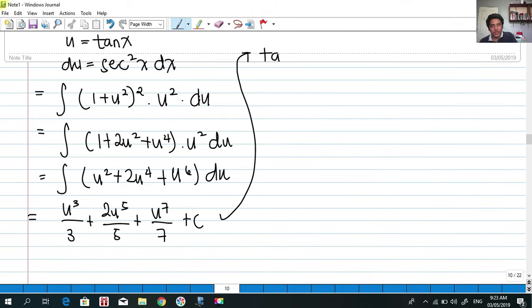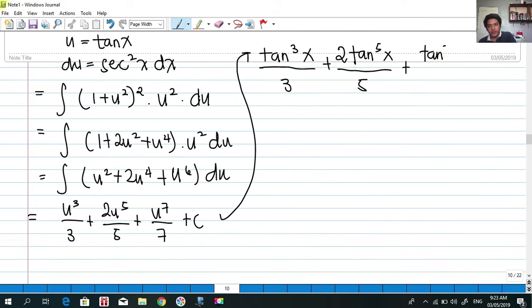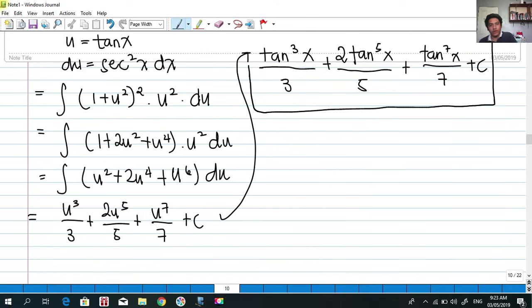So we have tangent cubed of x divided by 3 plus 2 tangent raised to 5 of x divided by 5 plus tangent raised to 7 of x divided by 7 plus c. So we have now our answer for that integral. Okay?